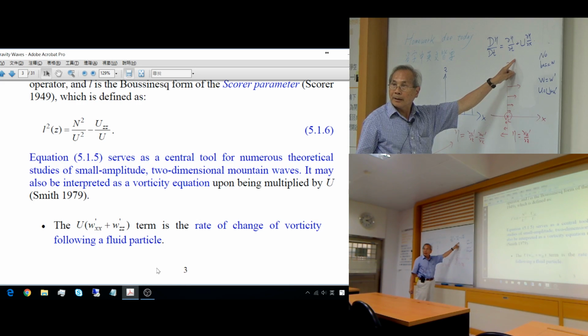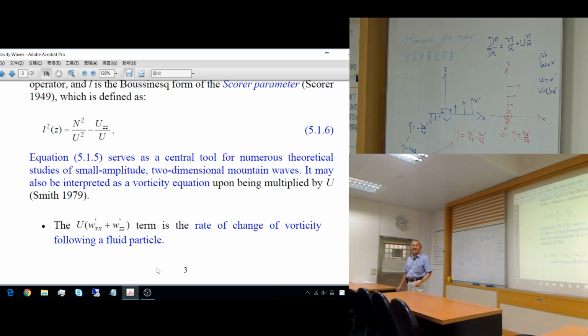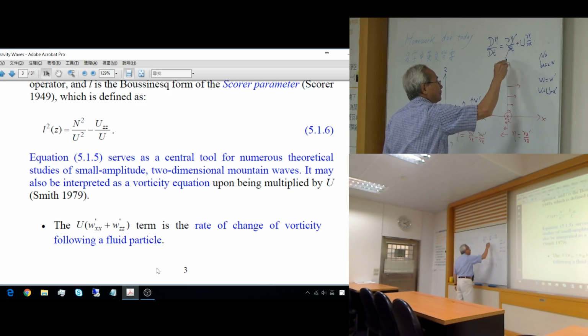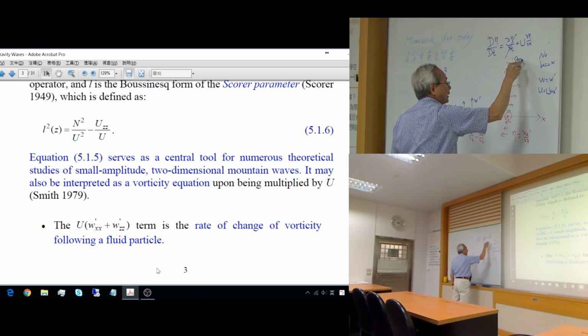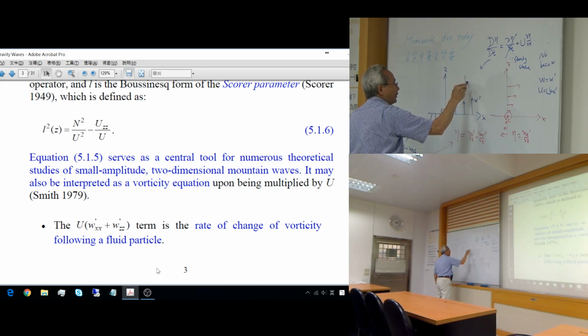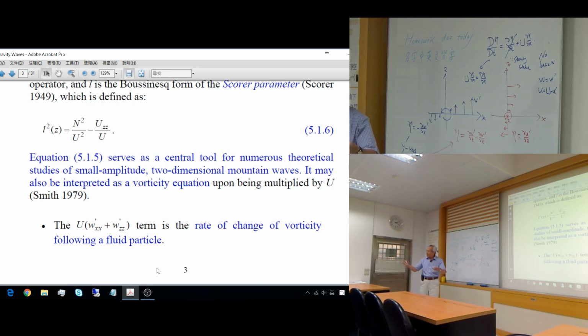Why? We don't have this term. Hey, come on. Steady state, not stationary. Steady state. Because steady state, this means u partial eta partial x is equal to d eta dt. That's the total rate of change following the motion.